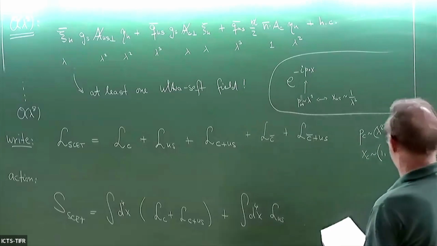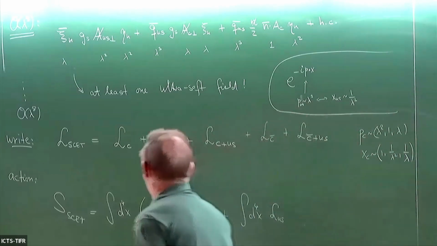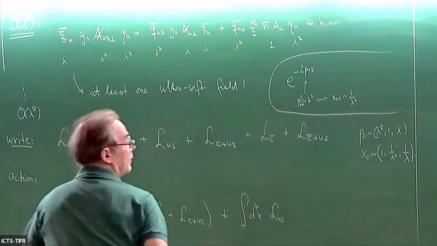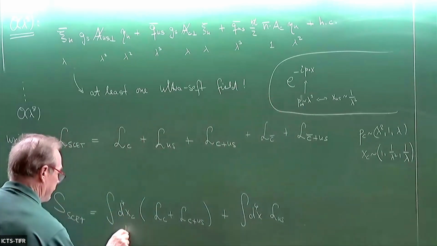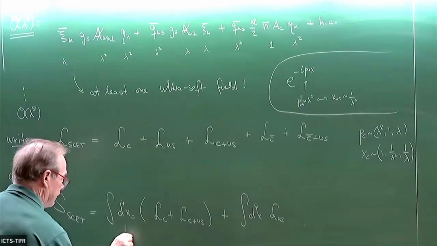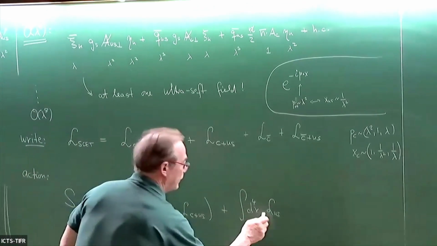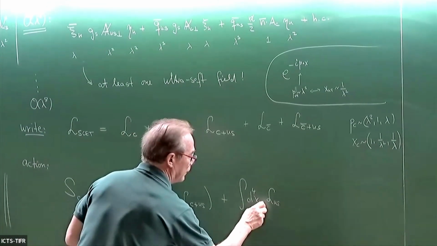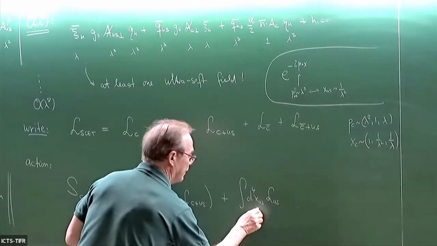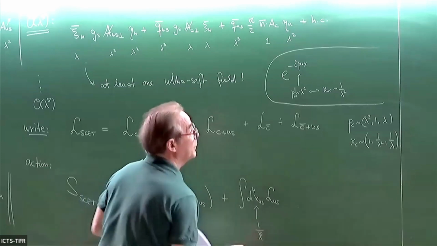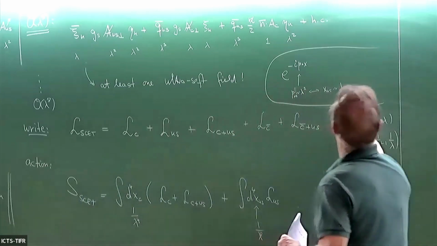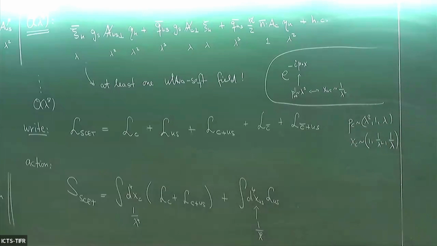So the d^4x for x collinear scales like 1 over lambda to the 4. Whereas if I have the ultrasoft Lagrangian with no collinear fields present, then this is 1 over lambda to the 8, because it's 4 powers of 1 over lambda squared.